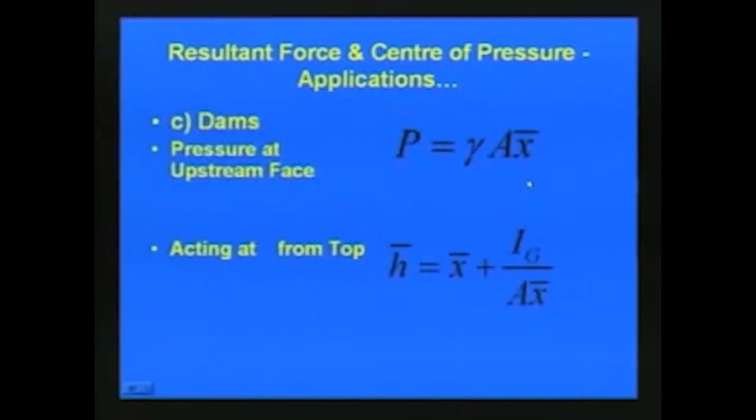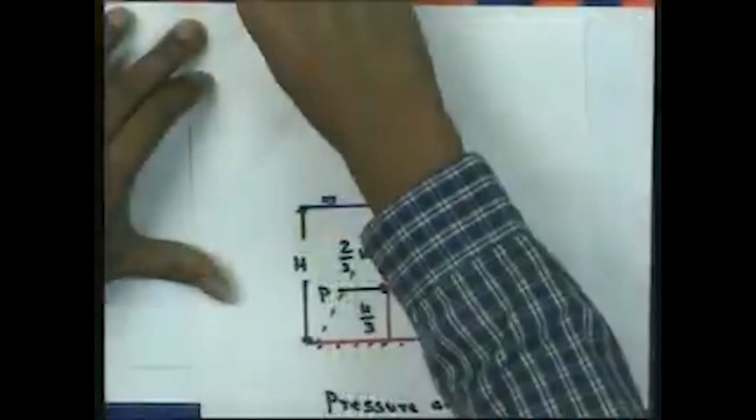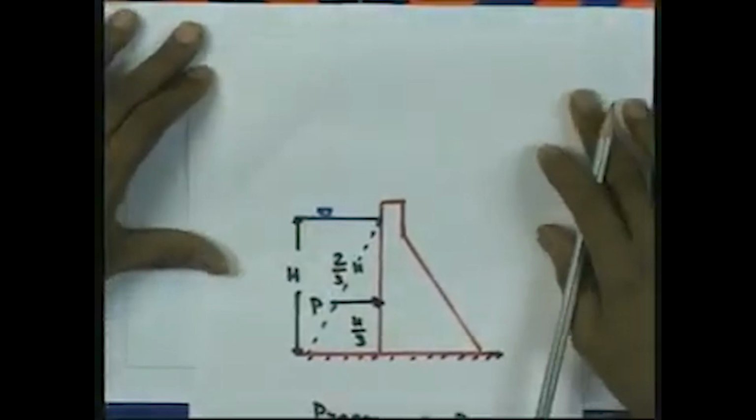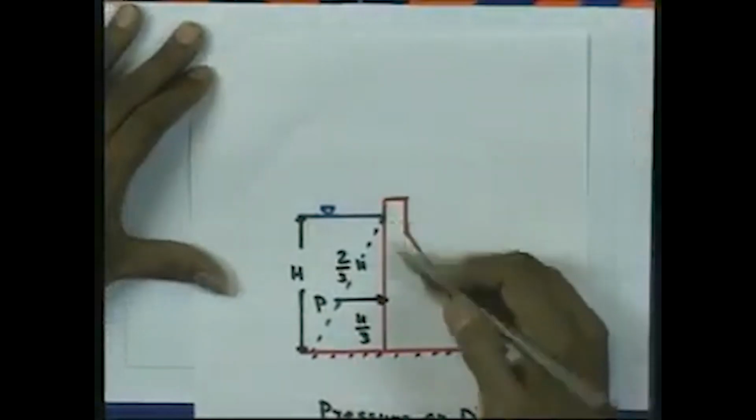The next case is if you want to determine the resultant force and center of pressure as far as a dam is concerned. This we have already discussed earlier as a problem. Here you can see it is a concrete dam.